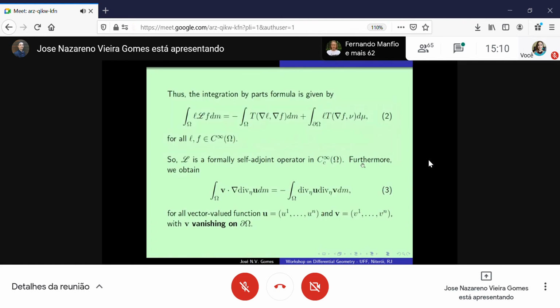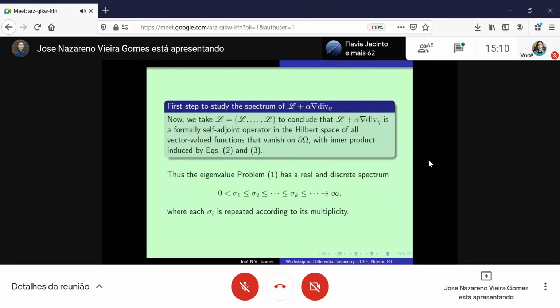It's necessary computation here, okay? It's not immediate. Thus, the eigenvalue problem 1 has a real and discrete spectrum.